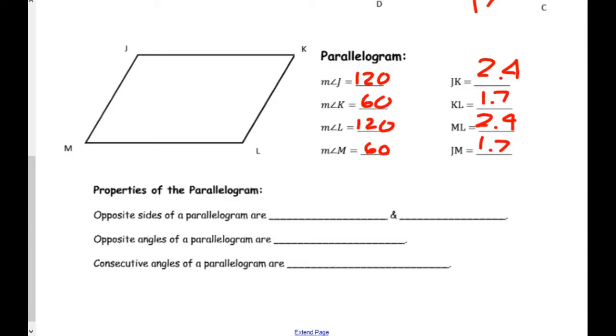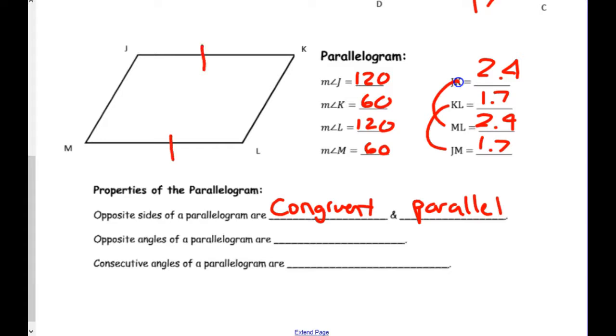So, from what we just measured, we see that the opposite sides are congruent. Those opposite sides of a parallelogram are congruent. And just by looking at it, we can see that they are parallel. The name kind of tells you, parallel. So we'll label that, opposite sides are parallel.